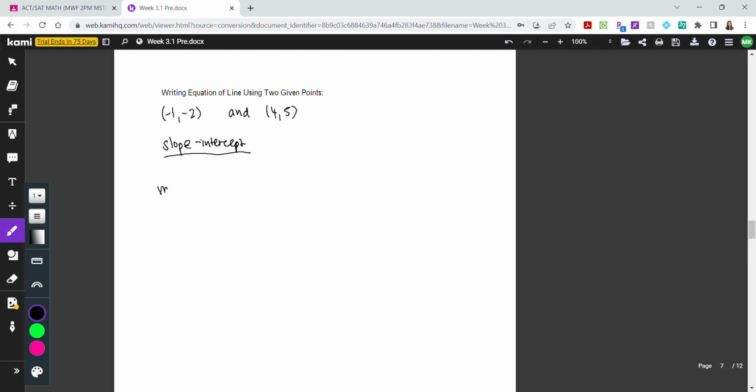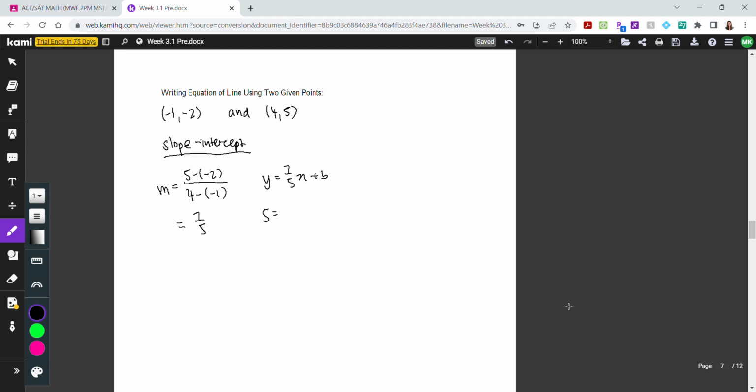First, I would need to find my slope. So I'm just going to do this real quick since we should have learned this before. And then in the end, that is going to give us 7 over 5. So that means y equals 7 over 5x plus b. Take any of the points, plug it in here. So we have 5. So I'm going to take this point.